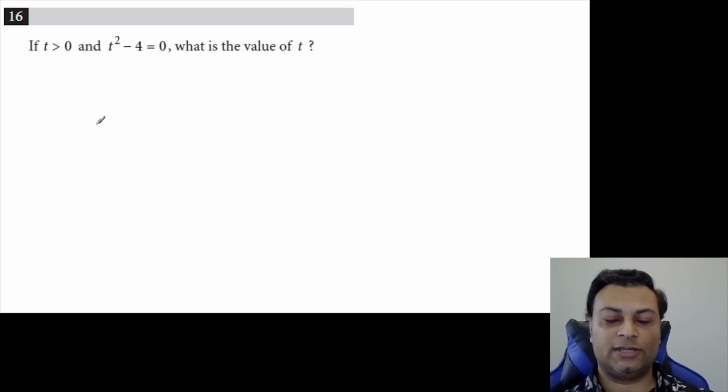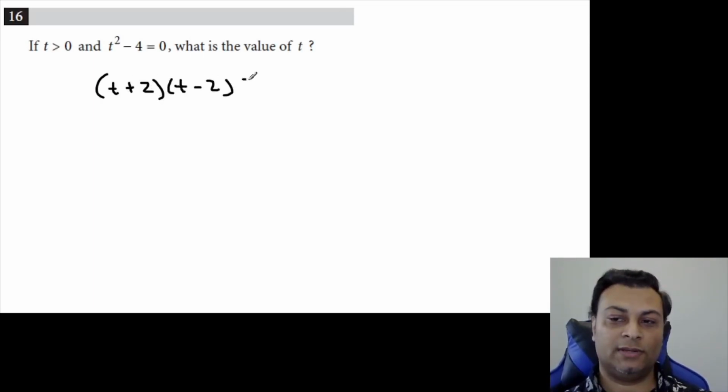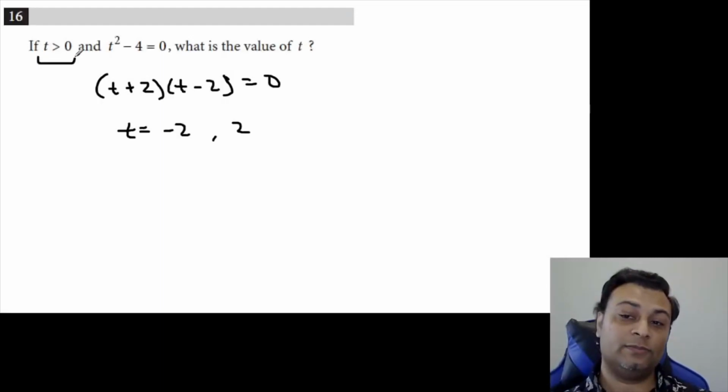Moving on to number 16. If t is greater than 0 and t squared minus 4 is 0, what's the value of t? So there are several ways to do this. You could factor this using difference of squares, t plus 2, t minus 2 equals 0, and you would get t equals negative 2 or positive 2. But t is a positive number, so it cannot be this, so the value of t is 2.